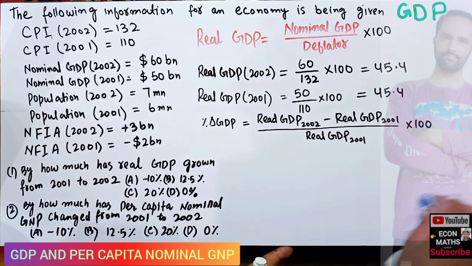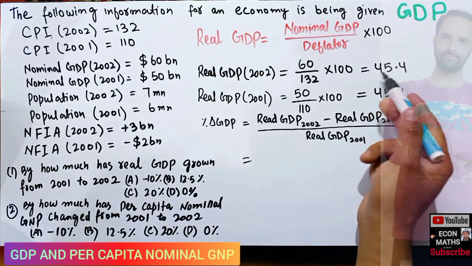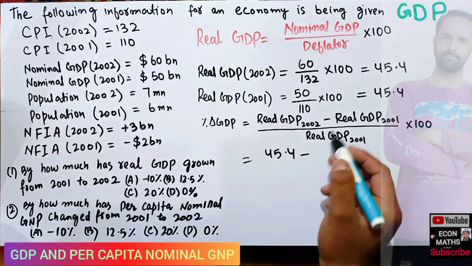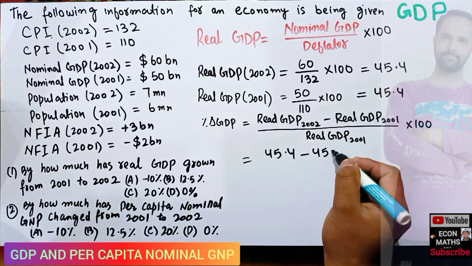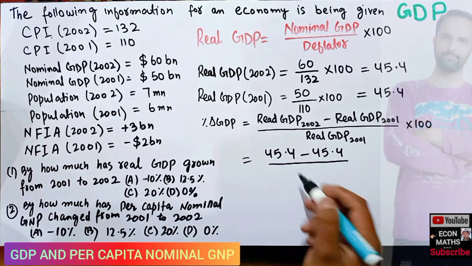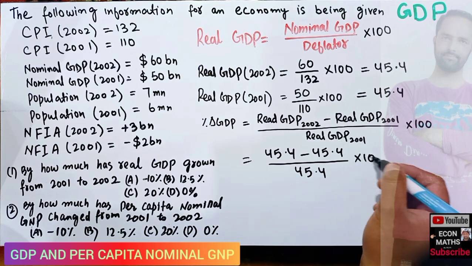So here in 2002 we have $45.4 billion. In 2001, $45.4 billion divided by the initial, that is $45.4 billion. To this we multiply 100.